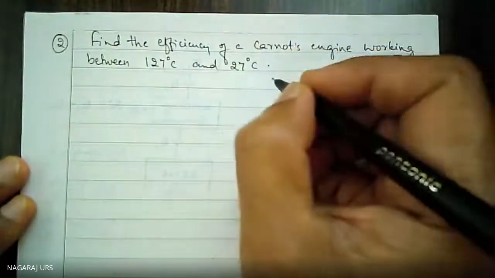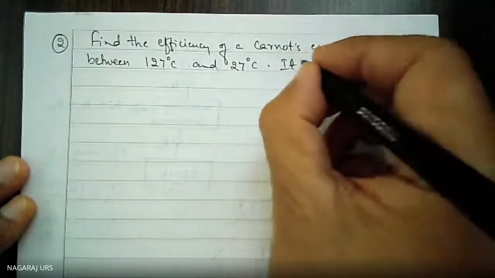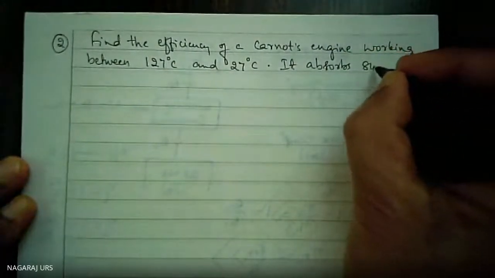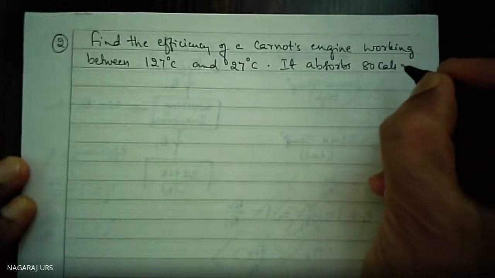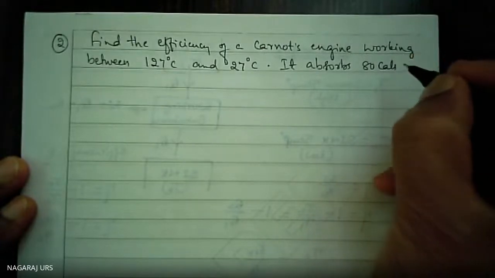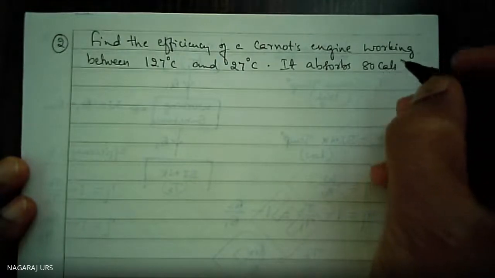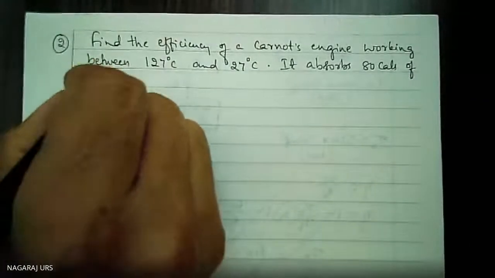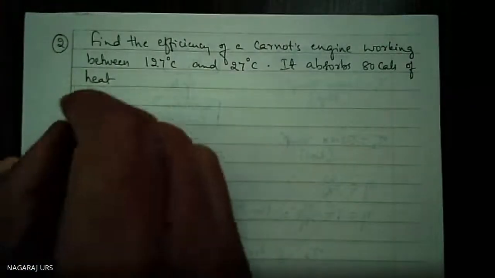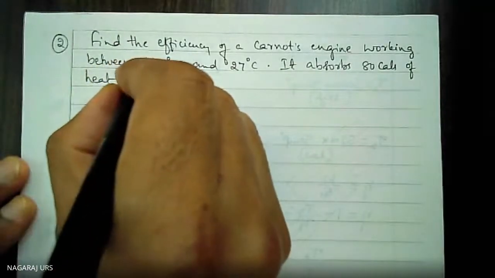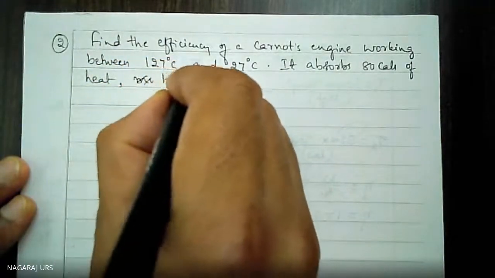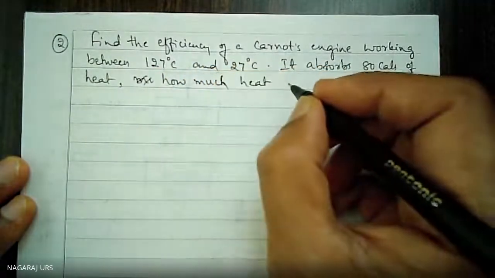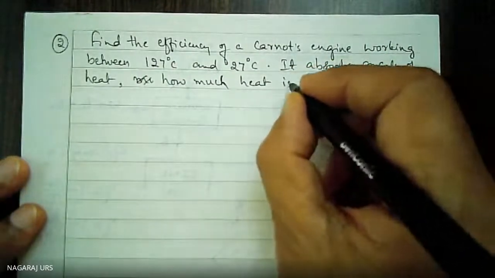Indirectly he says it absorbs 80 calories. If calories are in CGS unit, no problem. Joules are in SI unit. You can do it in CGS unit only, no problem. Calories of heat, comma, how much heat is rejected.